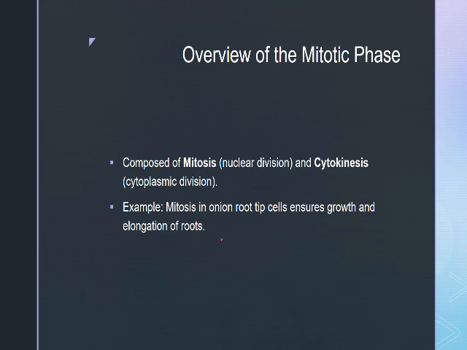So first in G1 phase, the daughter cells grow and get bigger, and these daughter cells synthesize proteins and duplicate their organelles.